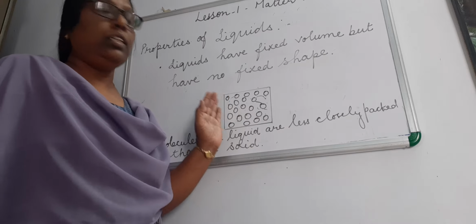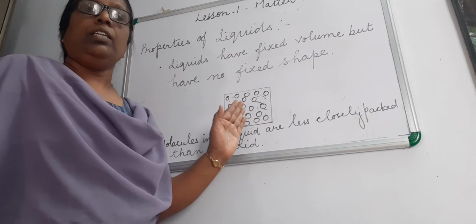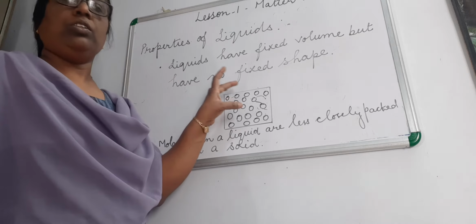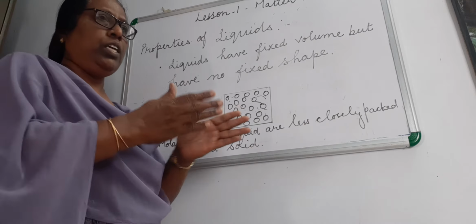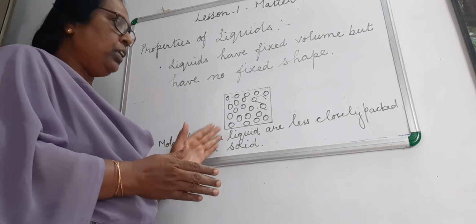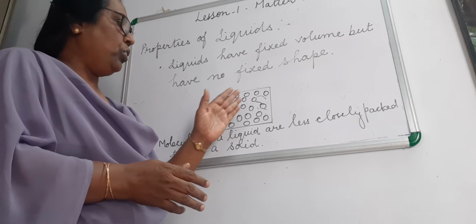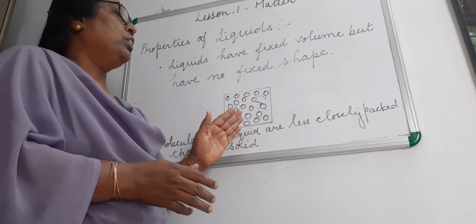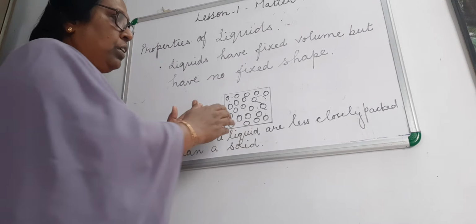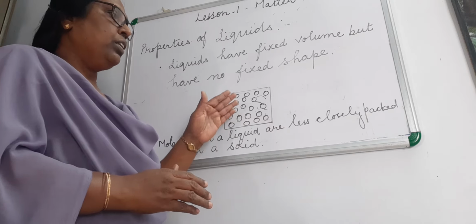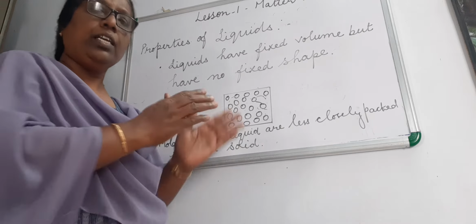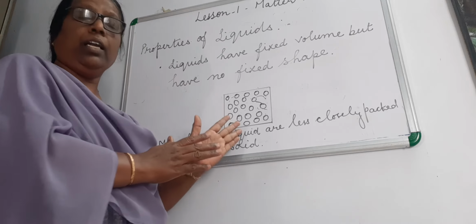You can see the difference. In a solid, the molecules are arranged very closely, but in a liquid, the molecules are arranged far from each other. That means they are less closely packed than in a solid.